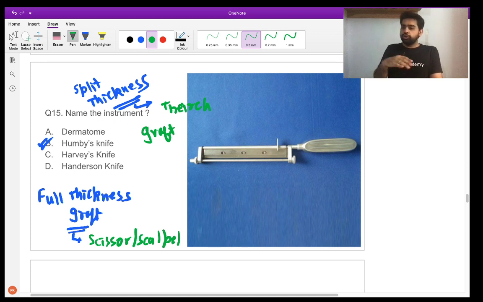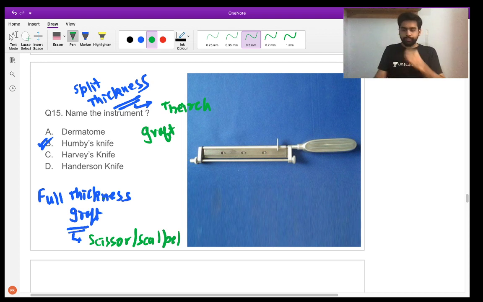Here you use your scissors or a knife. You put in an incision, reach the junction of the dermis and the underlying subcutaneous tissue, provide some traction and keep on cutting the subcutaneous tissue from the dermis. So you use a knife or a very sharp scissor to do this.